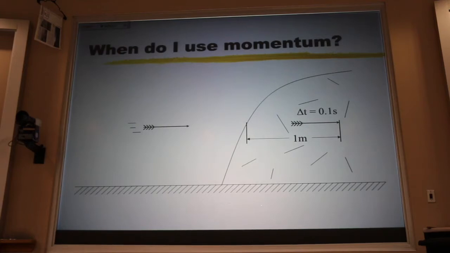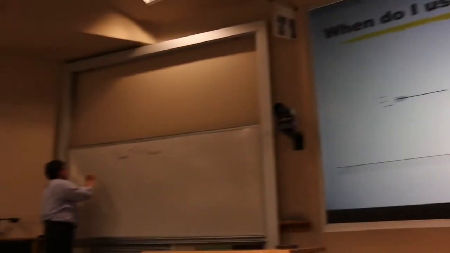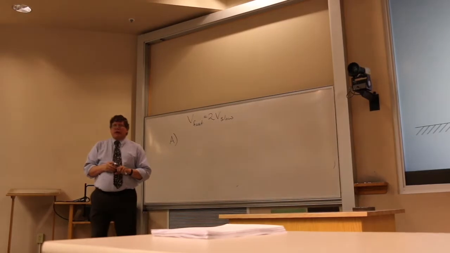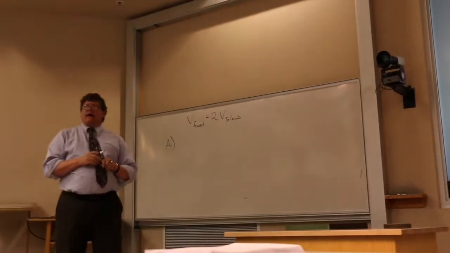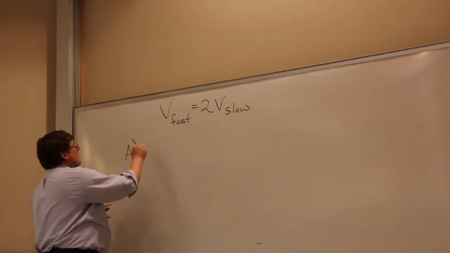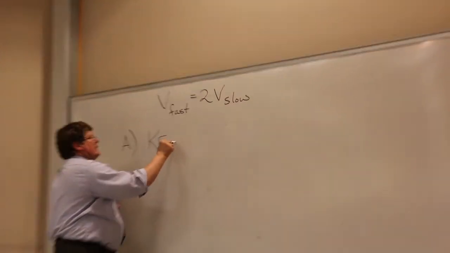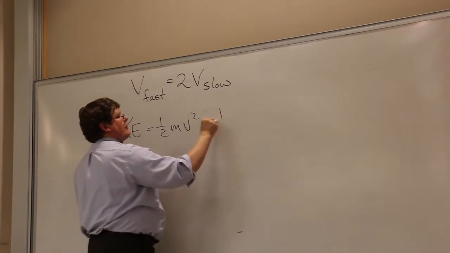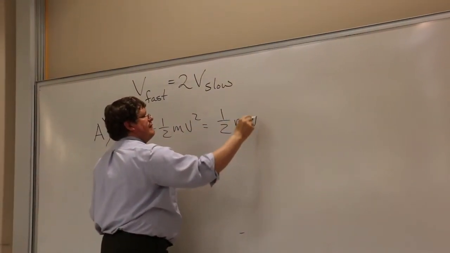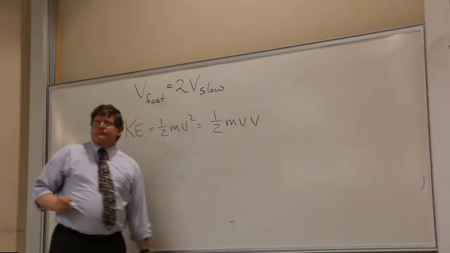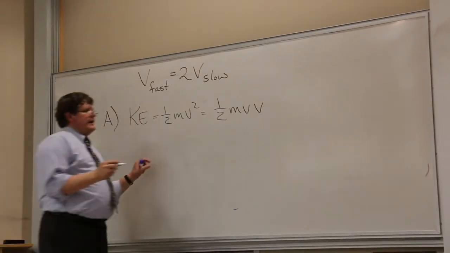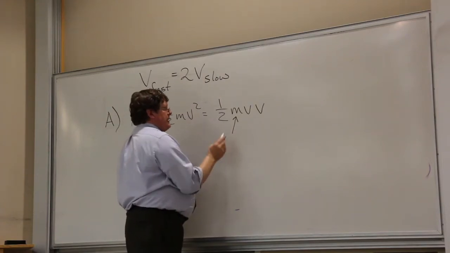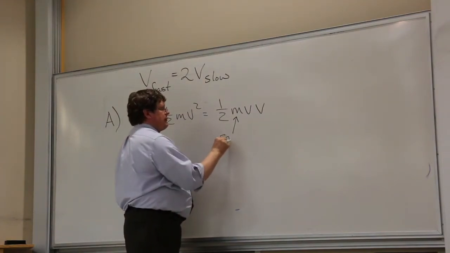Let's work that together. Part A asks us, how much more kinetic energy does the fast arrow have than the slow arrow? Well, kinetic energy is 1/2 mv squared, which we can write as 1/2 mv times v. Now, if I shoot the same arrow the second time, then the mass is going to be the same.